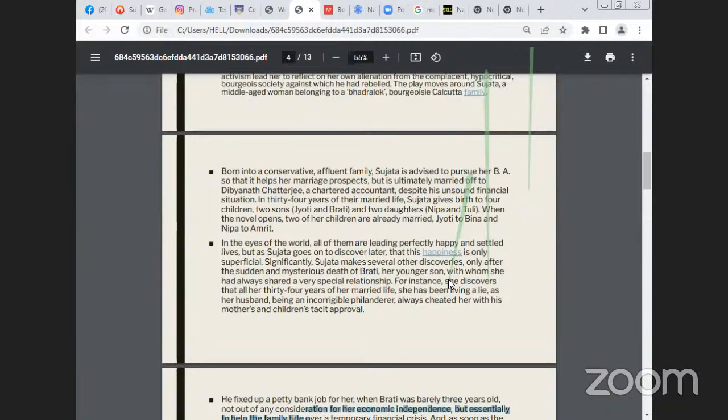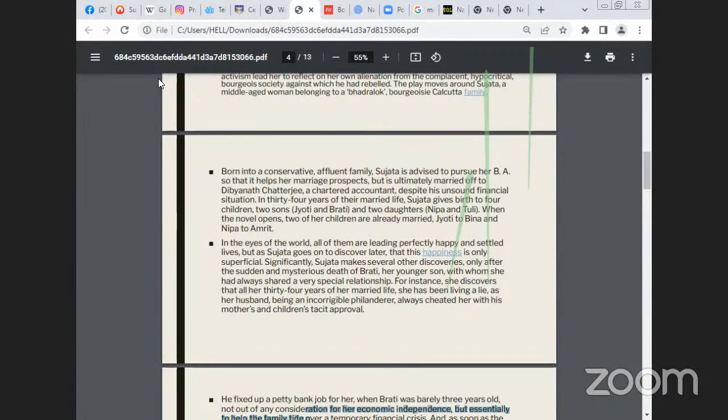And Sujata, born into an affluent family, is an elite and rich class woman from Kolkata itself. Married to Divyanath, a chartered accountant working in a bank, but his financial status is not equal to Sujata. Despite that, she married him and joined his family.